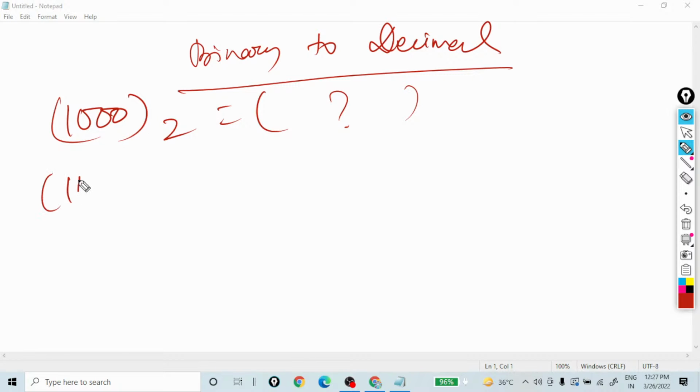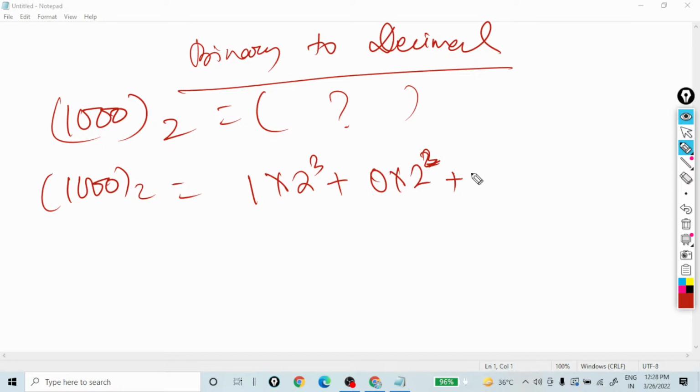Then 1000 base 2 is equal to 1 into 2 to the power 3 plus 0 into 2 to the power 2 plus 0 into 2 to the power 1, plus 0 into 2 to the power 0. Here this is 4 digits, 1 0 0 0.